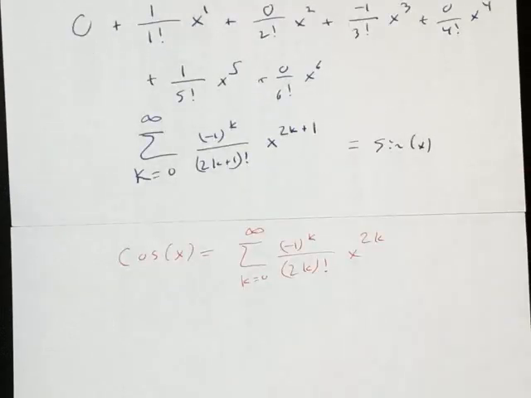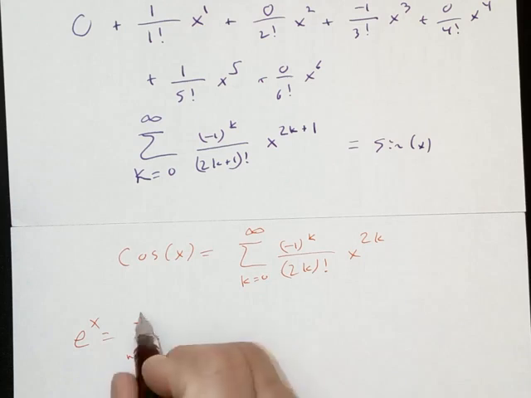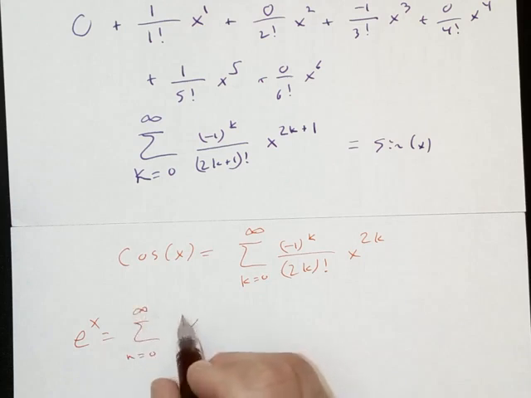And with what we did yesterday, e to the x was the sum of 1 over n factorial x to the n. All the bits, both even and odd, right?